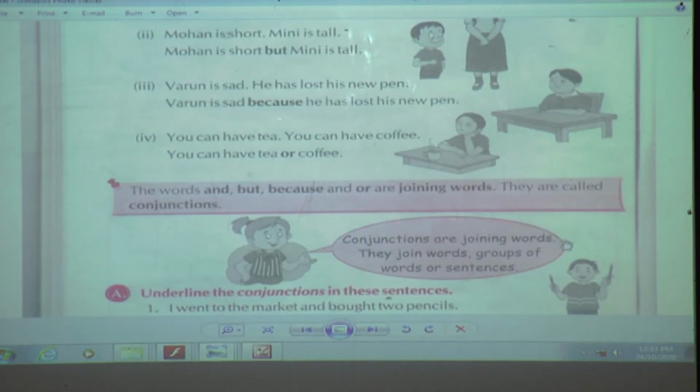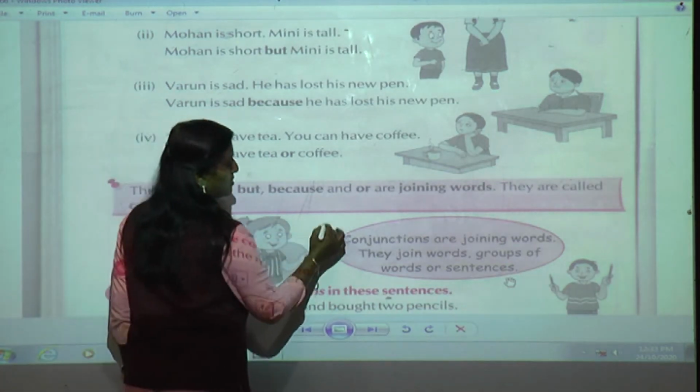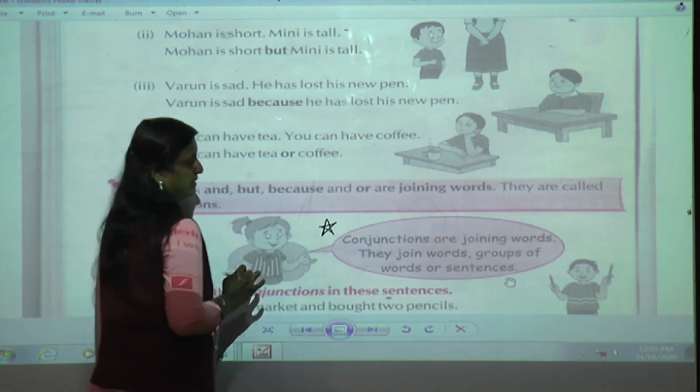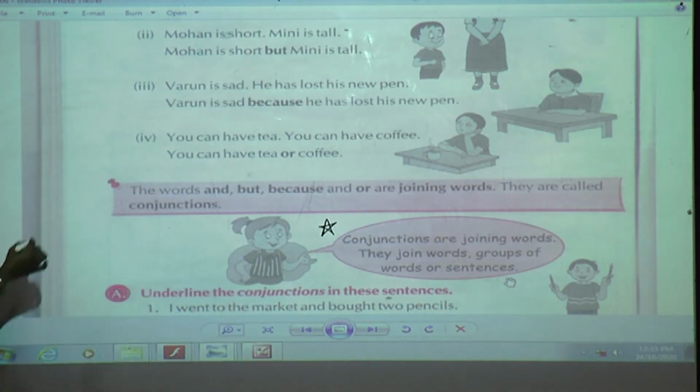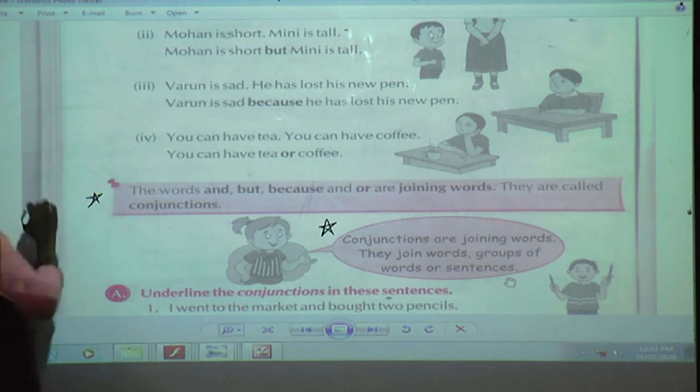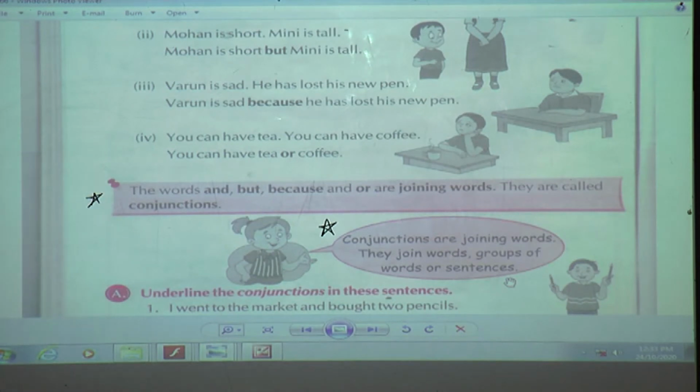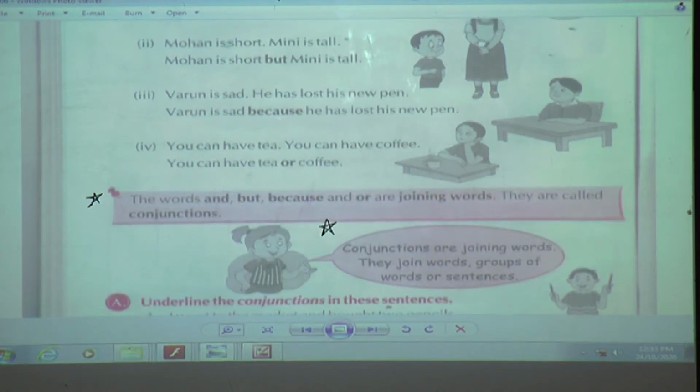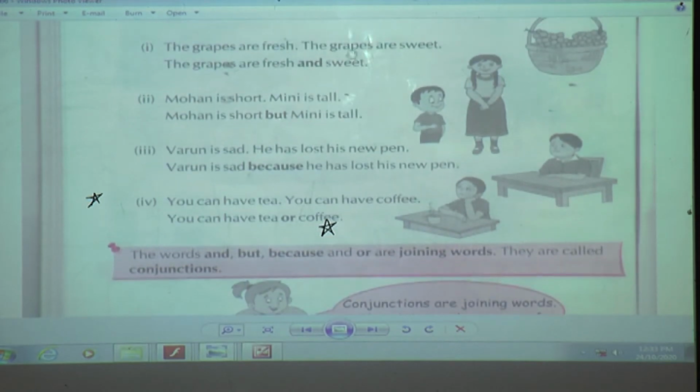Conjunctions are joining words. What they join? They join words, then again they join group of words or sentences. Okay, so what you have to do? You have to just make a star for this. Okay, you can read this also. If you want, you can read this also. Okay, here they have given example. What are the conjunction with joined words or joining words? I hope that you have understood what we have learned in these four sentences.